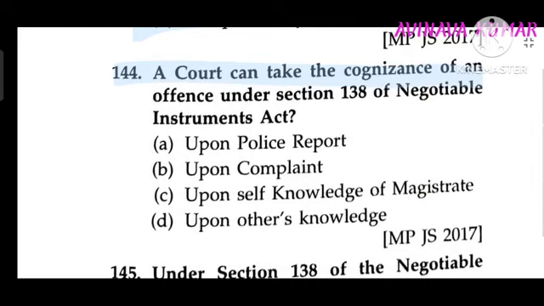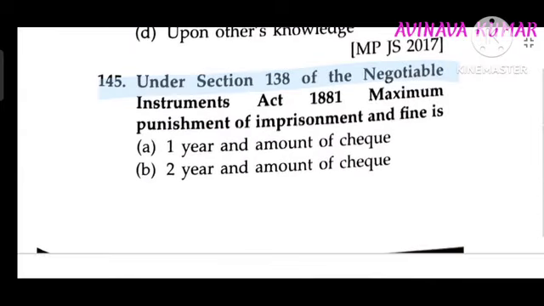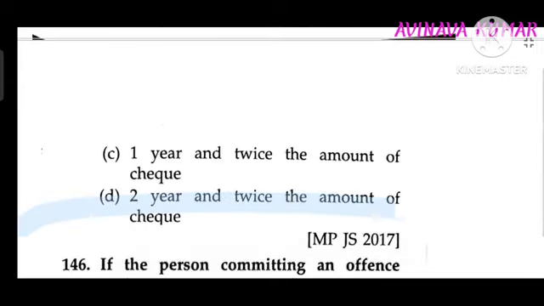A court can take cognizance of an offence under Section 138 of NIA upon complaint. Under Section 138 of NIA, the maximum punishment of imprisonment and fine is 2 years and twice the amount of the check.